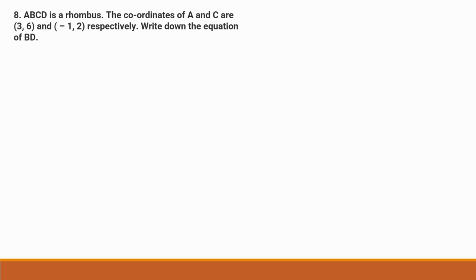So let's move to the last problem which we have today. Problem 8. Solution. ABCD is a rhombus. The coordinates of A and C are given. So a rhombus is something like this.